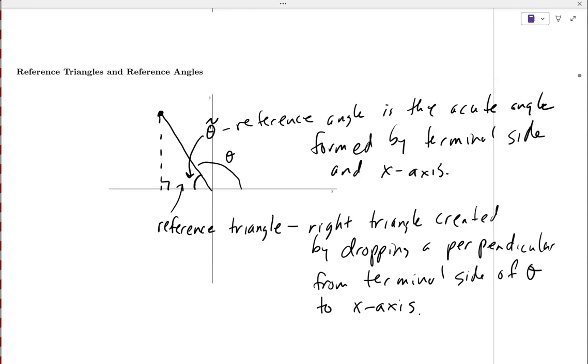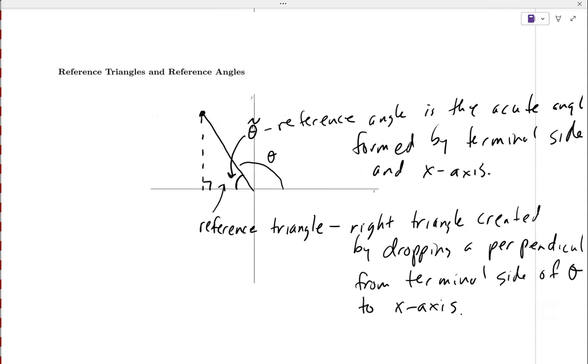In particular, it's a positive angle. All right, we're not worried about a negative angle, and it's less than 90 degrees. And we already dealt with positive angles that are less than 90 degrees. We came up with how we figure out the sines and the cosines of those, right? Okay. So that's exactly what we're going to use to help us figure out the different values for sines and cosines of different angles. So let's see how that works.